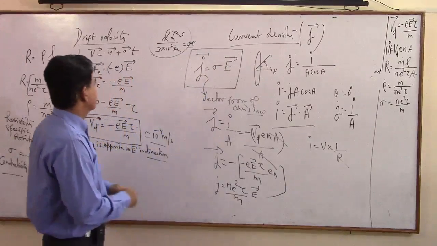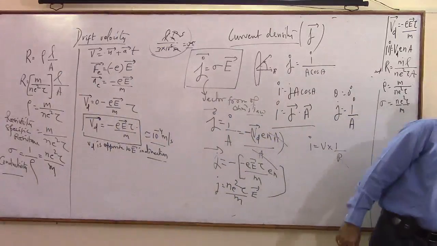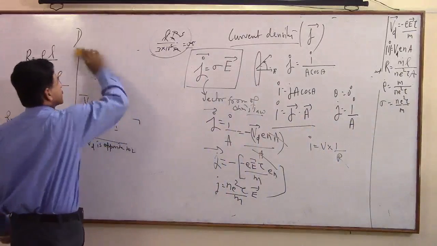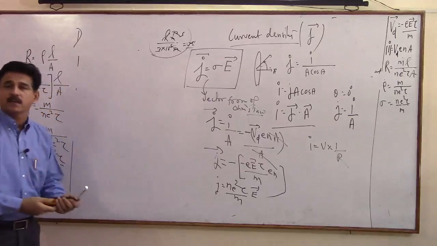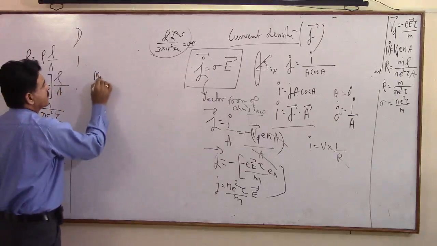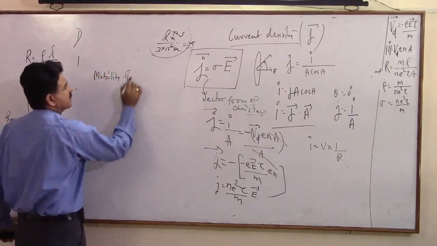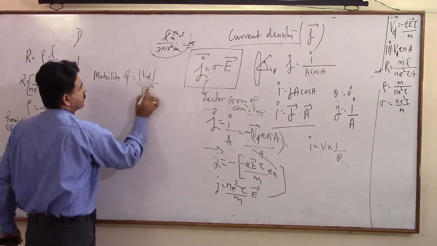The last parameter I would do is called mobility. And what is mobility? Mobility is a ratio of drift velocity and electric field. So mobility is given by the symbol mu, that is drift velocity divided by electric field.